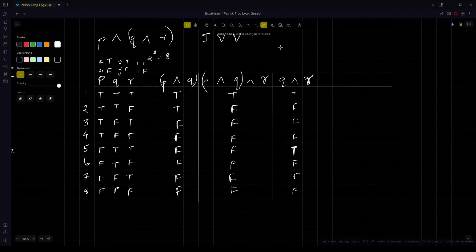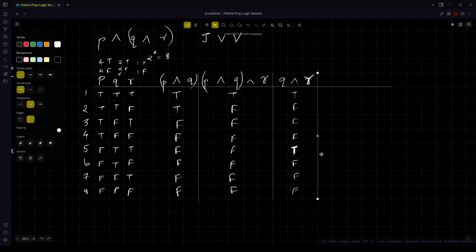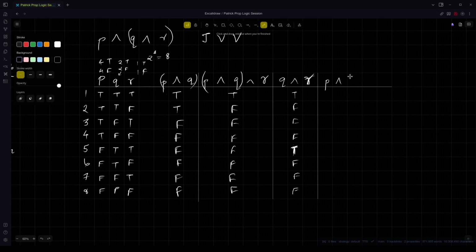Okay, so we got Q and R. We got a conjunction there. Yep. And now we are going to expand the conjunction to P and Q and R. And now we put the brackets.